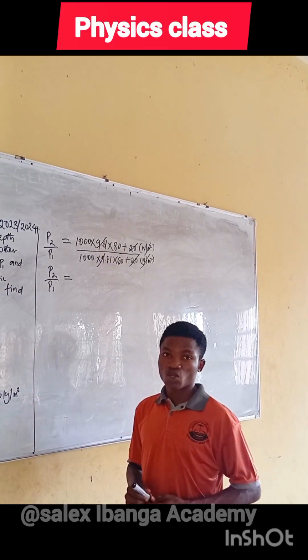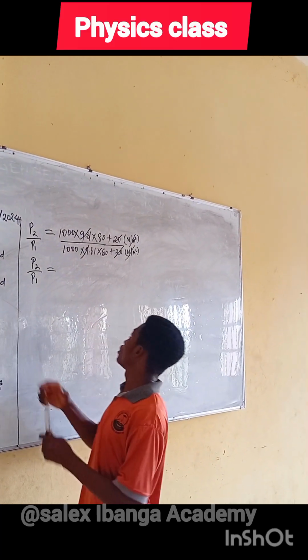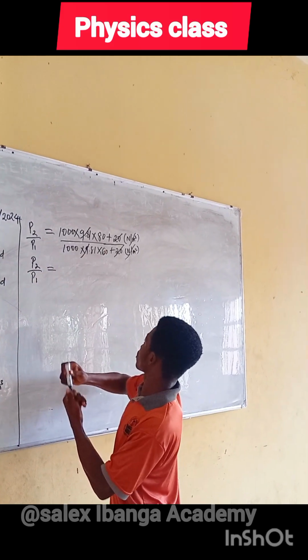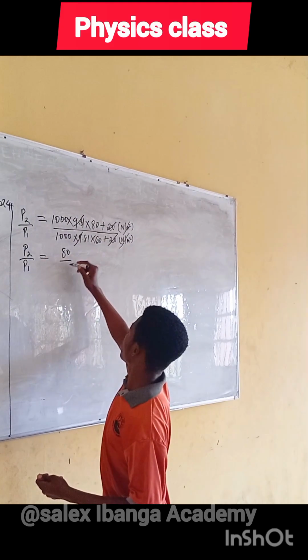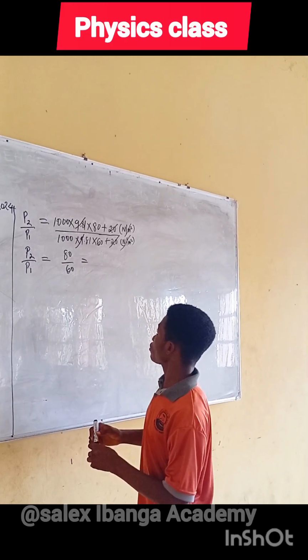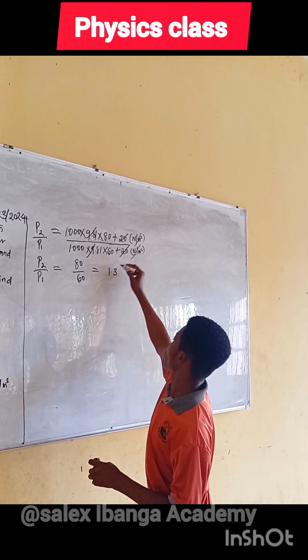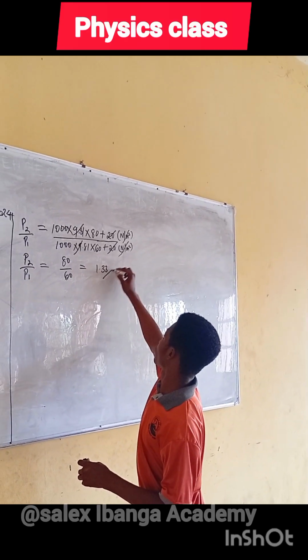There will be no units in this. So what we are now having here is just 80 plus 20 over 60 plus 20, that is, 100 over 80, which gives us 1.25.